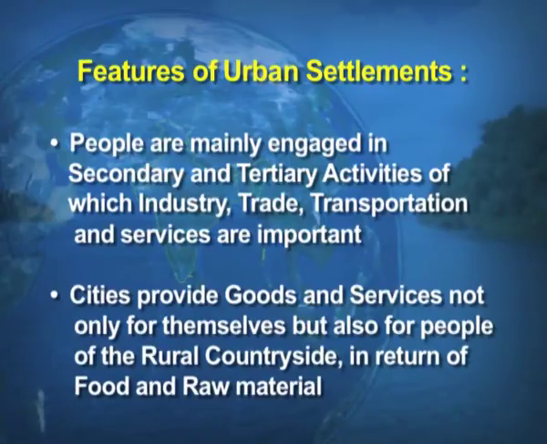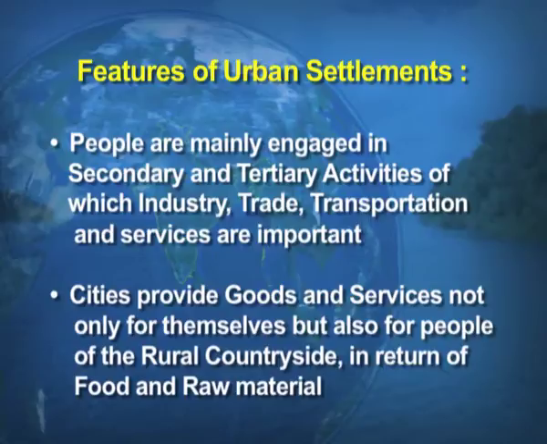Services can be tertiary, they can be quaternary services, or further they can be quinary services also. Cities provide goods and services not only for themselves, but also to the people of rural areas in return for the food and raw material they get from the rural parts.